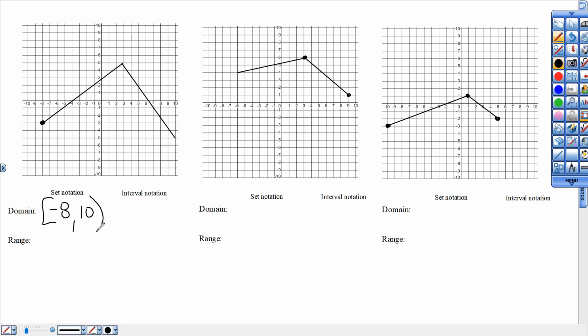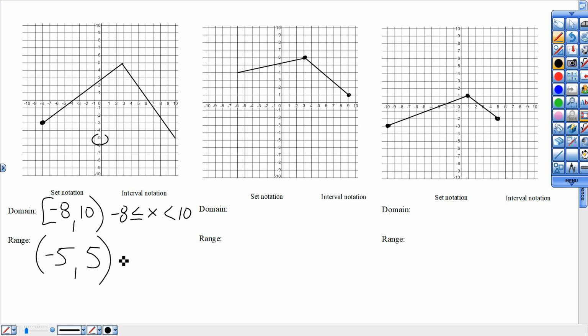Interval notation is going to be that same -8 less than or equal to, because that dot is there, x always for domain, less than, because there's no dot, 10. My range goes from -5, rounded, that's where it's slicing through the y-axis, range is tough, up to +5, another rounded bracket, because there's no dot up there either.